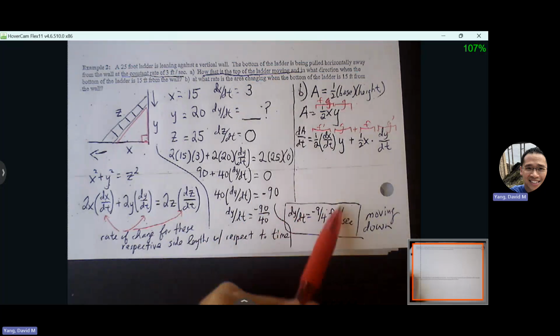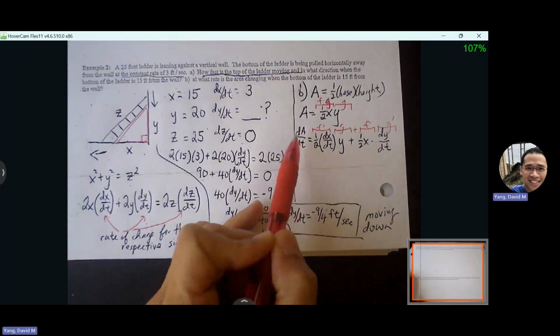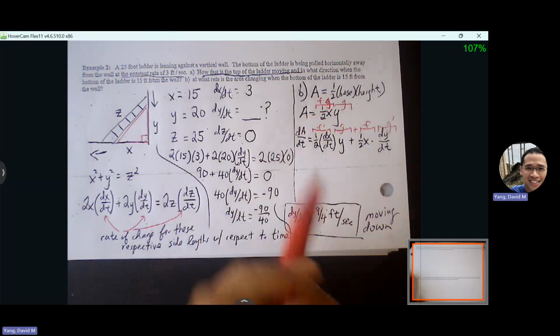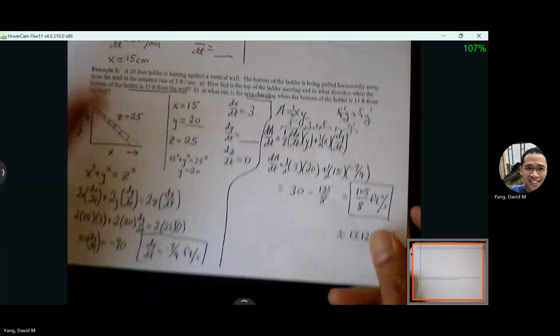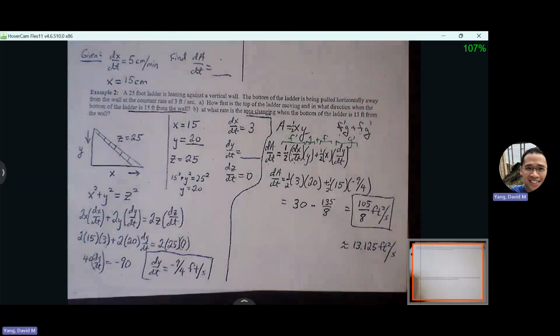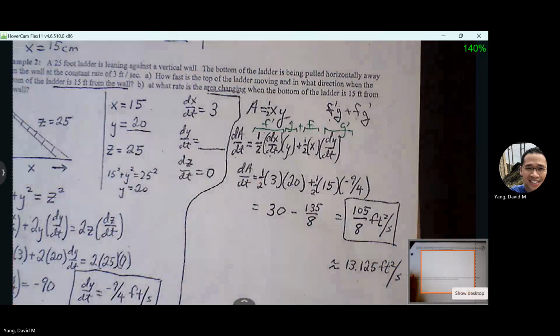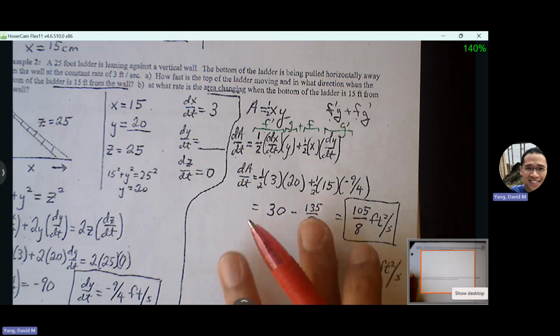If you're ever struggling with units, look at your variable, identify the units of the variable, and just put them over each other. Let me zoom in so you guys can see this work. If you represent your answer as a decimal, that's fine. The standard for the AP exam is 3 decimal places.